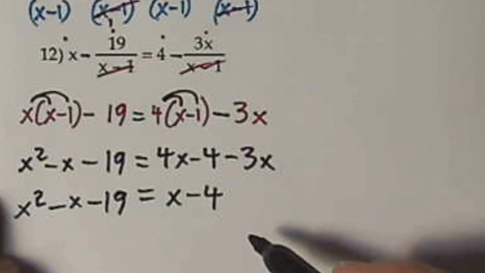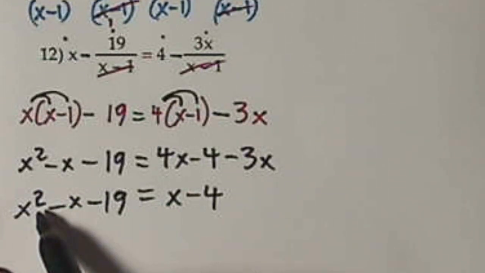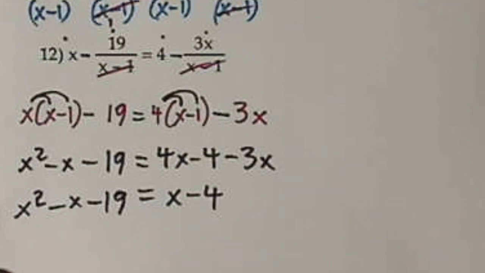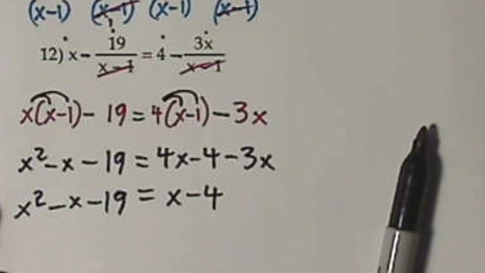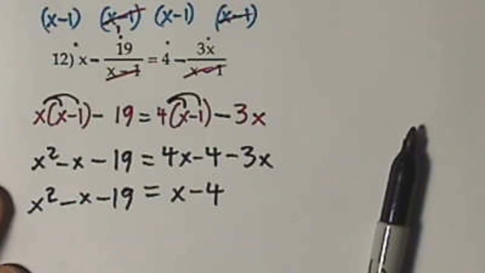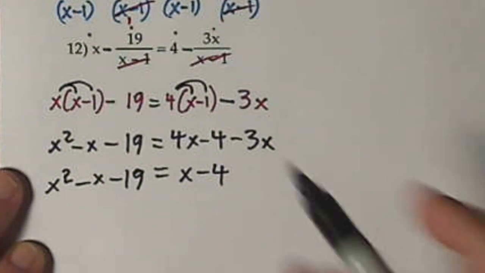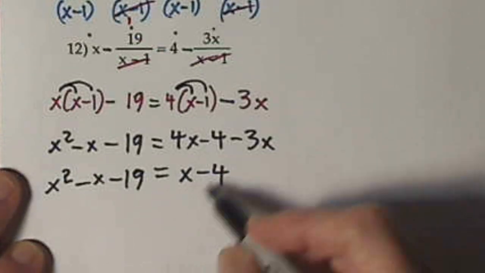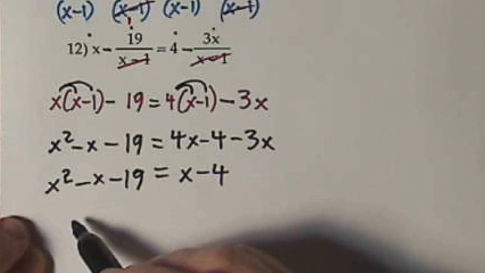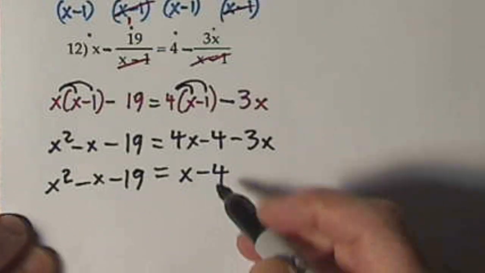But when you have an x squared, the only trick we've learned so far is the zero factor property. So I'm going to zoom out a little bit and pursue that strategy. I want this equals 0. I want to be able to factor it and then set it equal to 0.